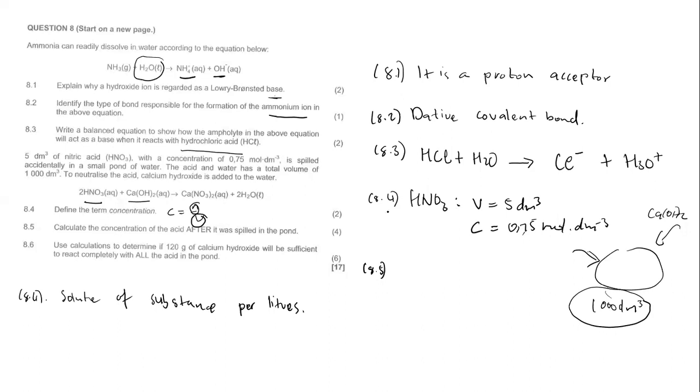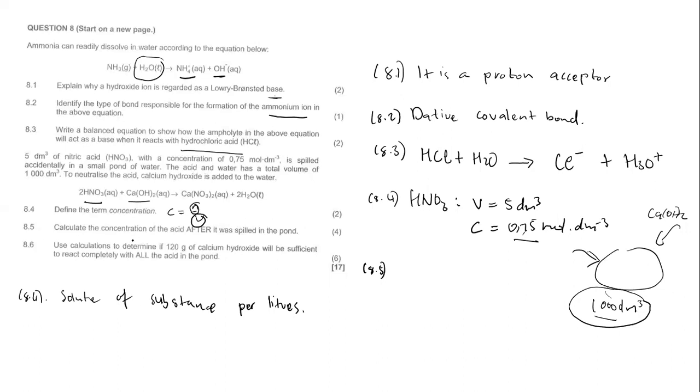So we want to know that when this acid now experiences high volume, under 5 cubic decimeters this is the concentration, but under 1000 cubic decimeters the concentration is most definitely not going to be the same, because now we have high volume. That means this acid in a pond will be less concentrated. It won't be as concentrated as it was under a volume of 5.